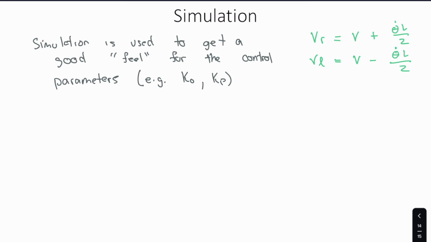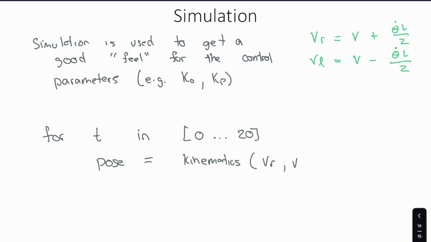Now, clearly this isn't going to be as simple as your code, but essentially what you'll do is for time t in your range of time, and we'll say you'll simulate for 20 seconds, and if you don't reach the target within 20 seconds, it'll be done. What you'll do is you'll compute a new pose based on kinematics, and as a reminder, your kinematics is really based on VR and VL.